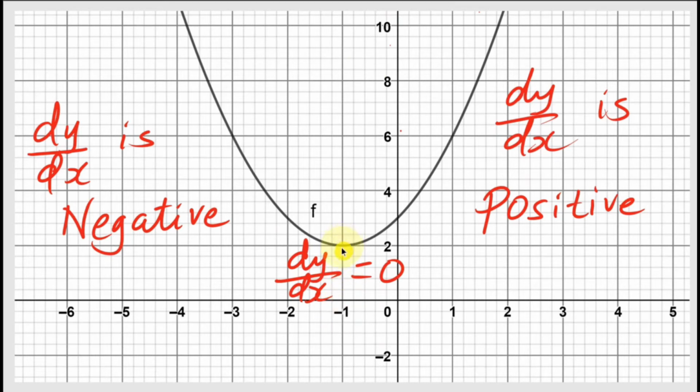As one moves from the left through this point to the right, the gradient changes from negative to positive. I hope that is clear.